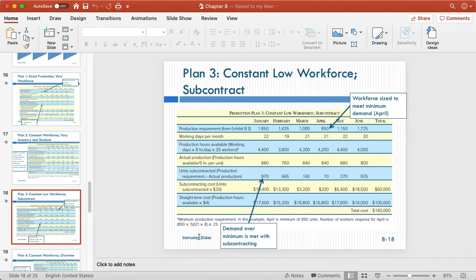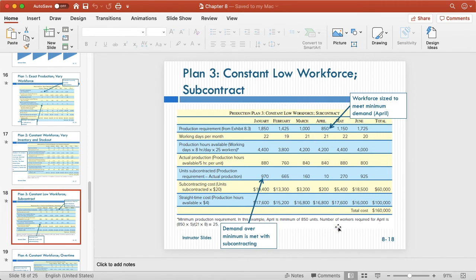You see the calculation here. The amount is 25. So under this plan, you just hire 25 workers. And you know that the production amount will not be enough for the market demand, because right now you only staff for the lowest workforce.